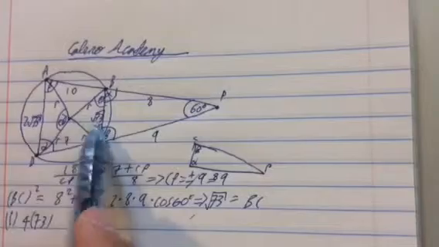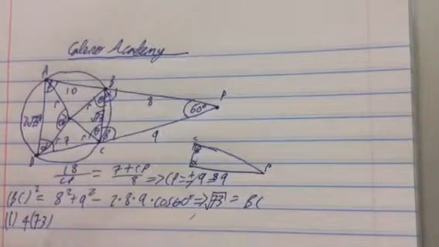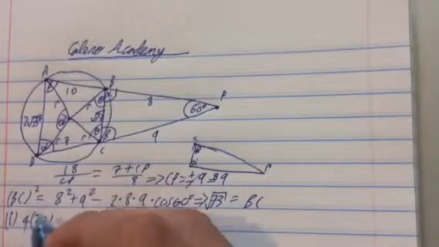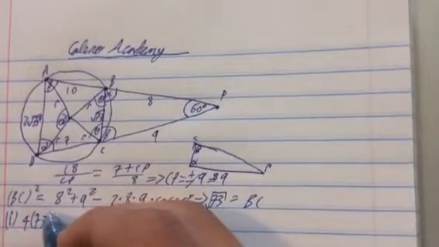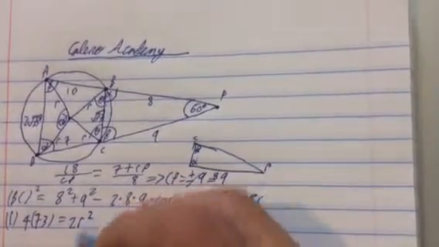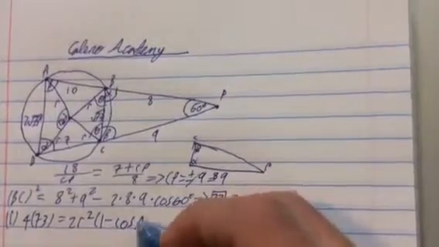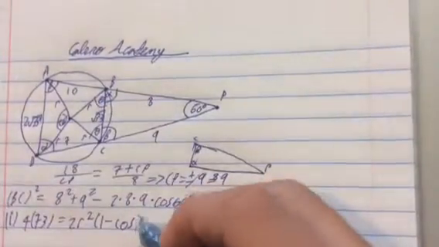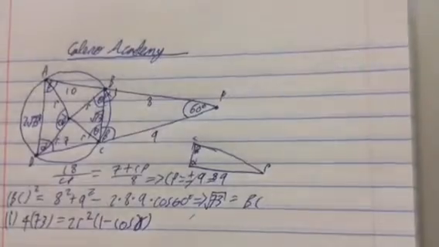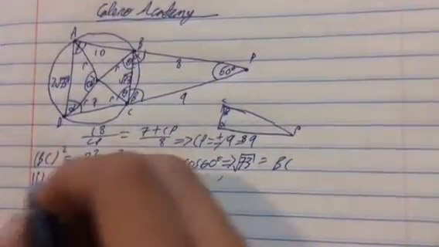So this is twice that side, 2 times root 73. So the law of cosines now, 4 times 73 is equal to 2r squared times 1 minus cos of AOD, gamma. Remember, this is just simplification from the actual cosine law.